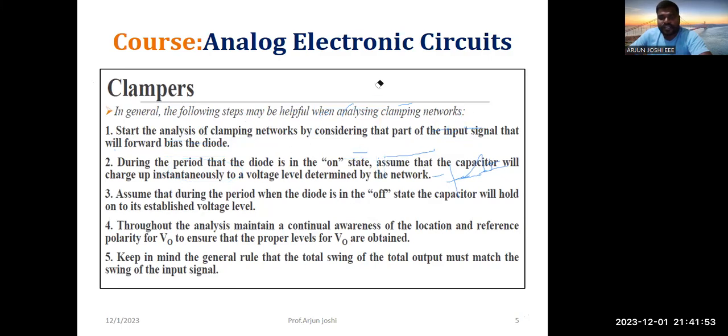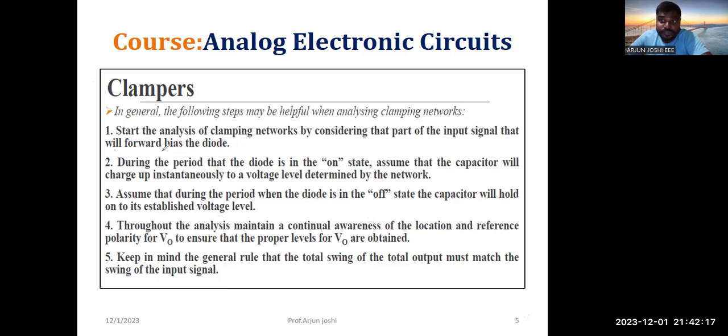There are a few points to analyze the clamper circuit. The first step is very simple: start the analysis of a clamping network by considering that part of the input signal that will forward bias the diode, whether it is the positive half cycle or the negative half cycle.